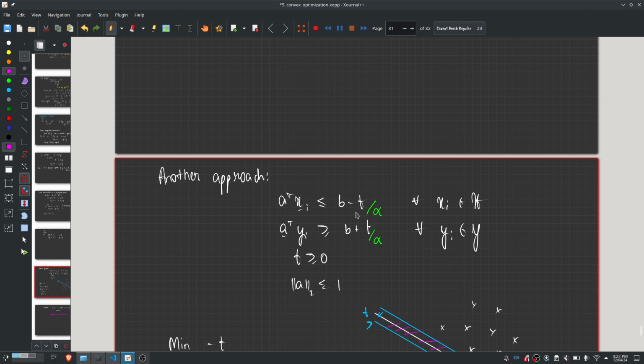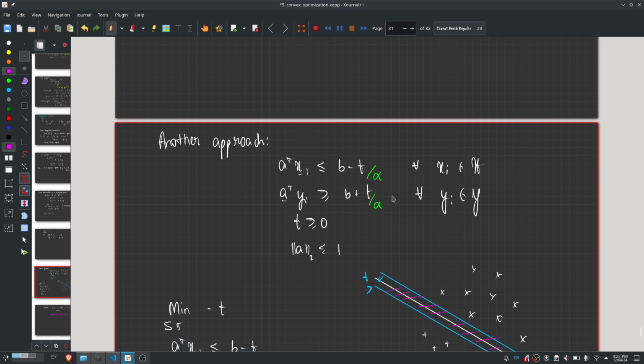So the term multiplying this is greater than 1, which can only be better. It's no worse. Okay. So all solutions that you get from minimizing this particular quantity are greater than or equal to the width of this particular strip.